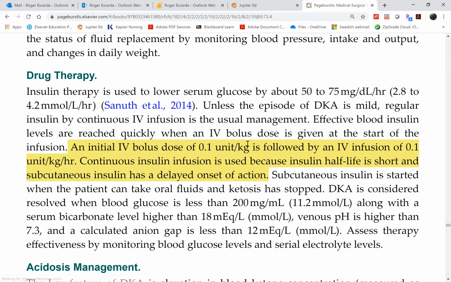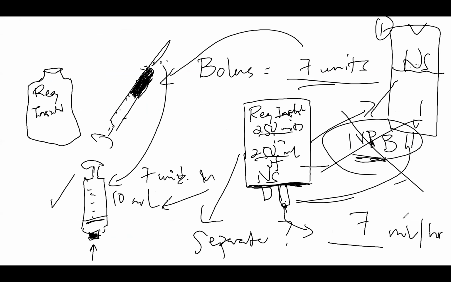The patient is receiving NS in one line and then Professor, what was that answer? 7 mLs per hour. You have a question on how it was calculated? Any question on this one? Anyone?